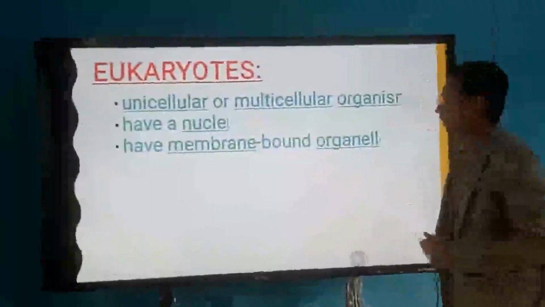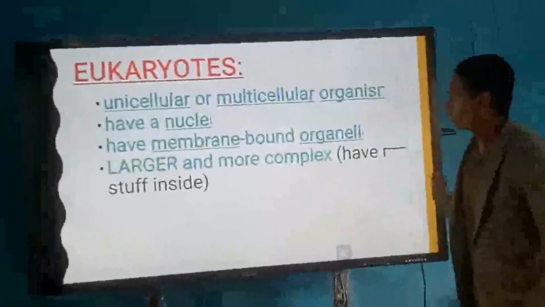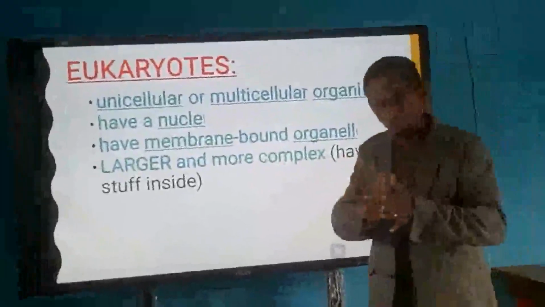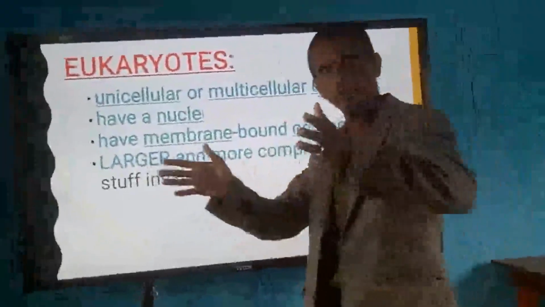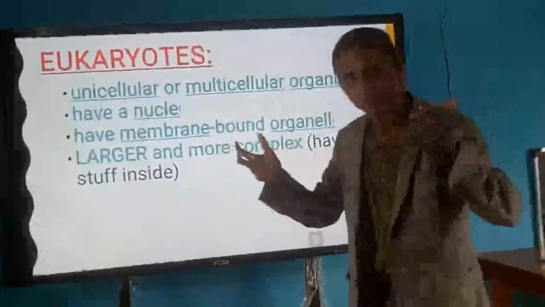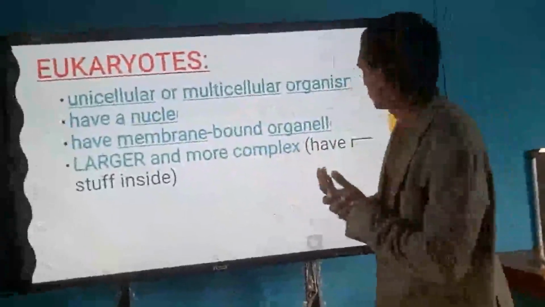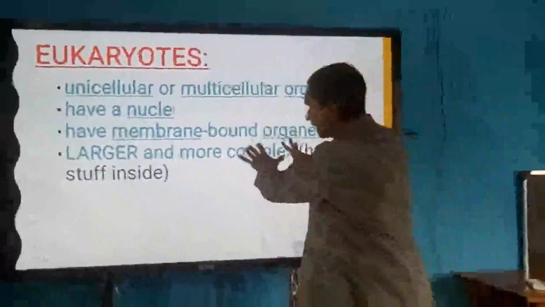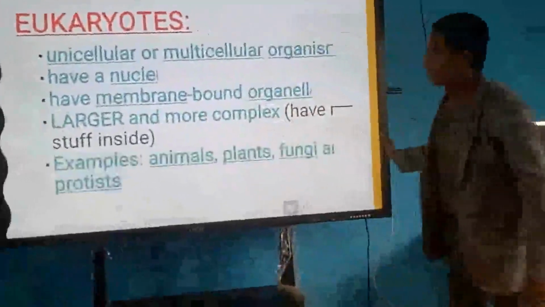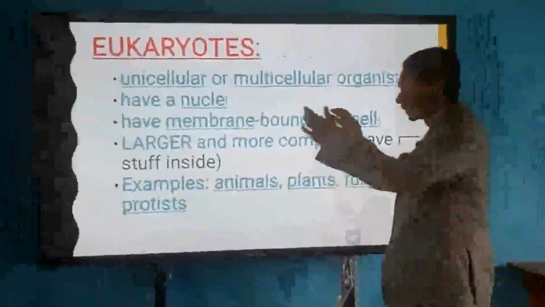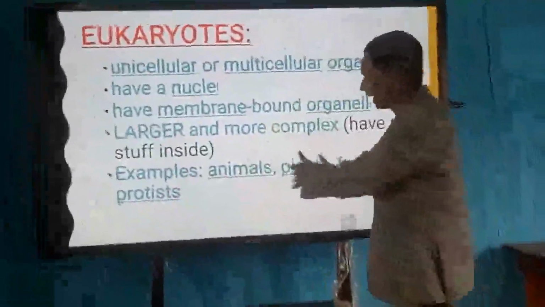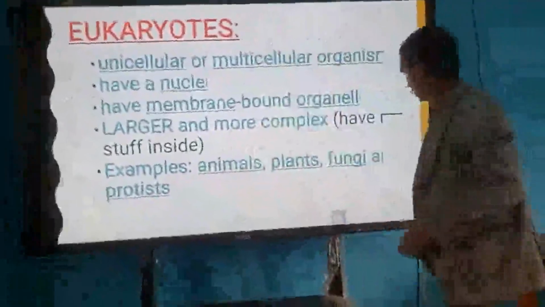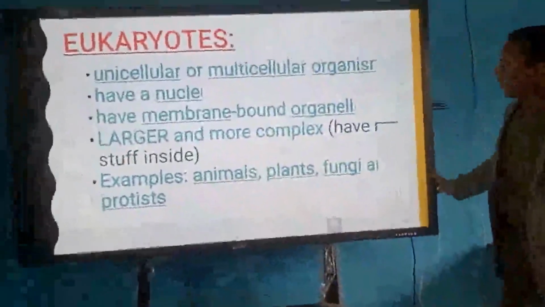When we compare the size with prokaryotic cells, eukaryotic cells are larger than prokaryotic cells, and they have a very complex cell structure. For example, animals, plants, fungi, and protists belong to this eukaryotic category.